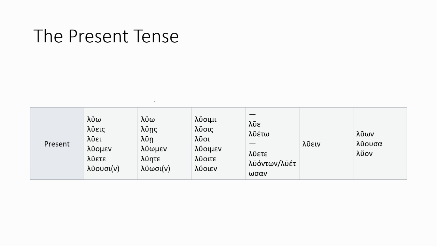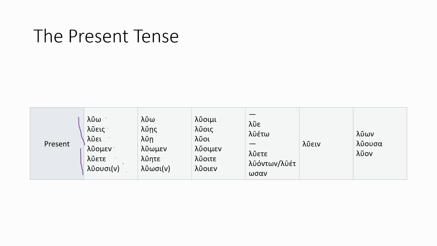So we're going to talk about the present tense really quickly. What we're going to do here is, this is going to be singular, this is going to be the plural. And then we've got the first person, second person, third person, and then again, first person, second person, third person. There's also a dual in ancient Greek. We will talk a little bit about that, but the forms of the dual are actually quite easy to remember.